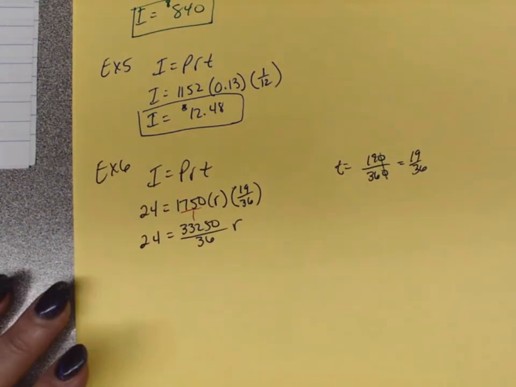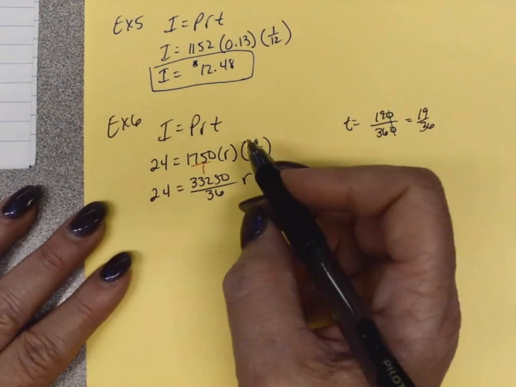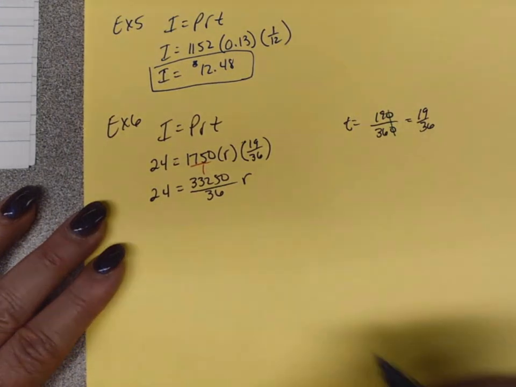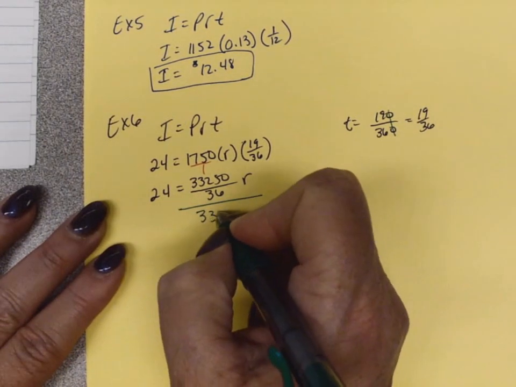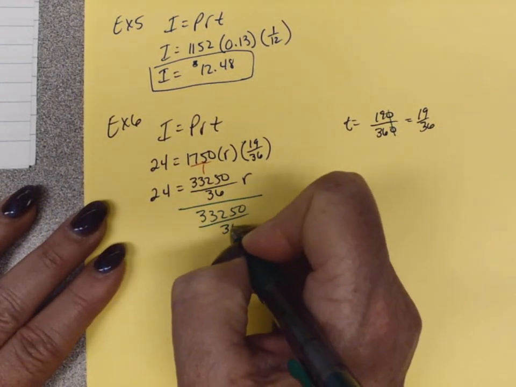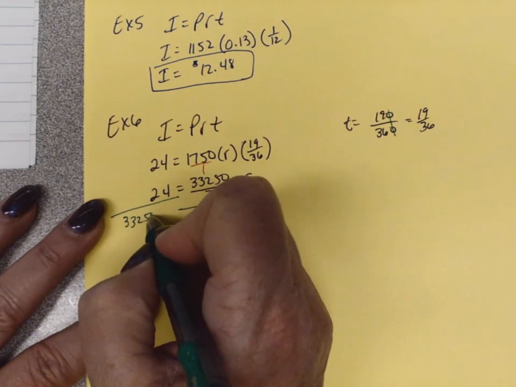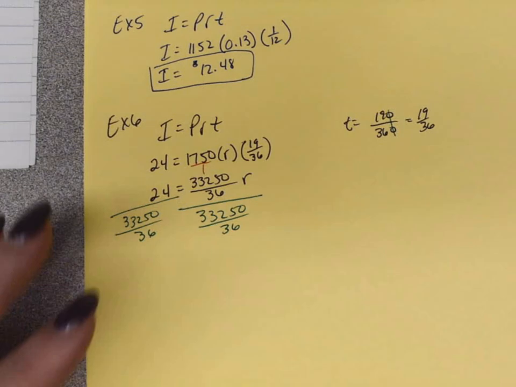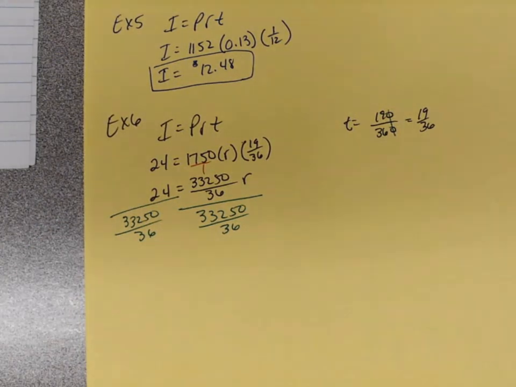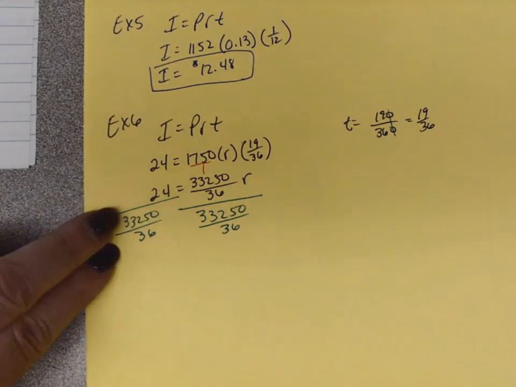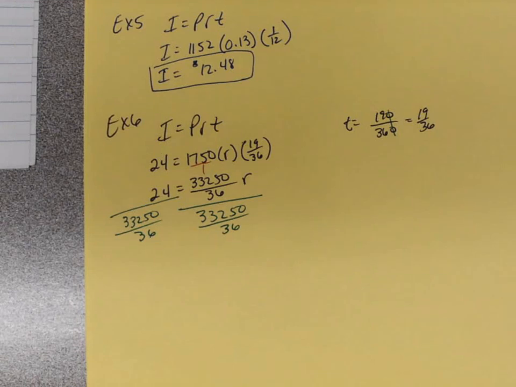All right, now I'm going to divide both sides by 33,250 over 36, because I've got to get R by itself. If you recall, we don't divide by fractions, we actually multiply by reciprocals.